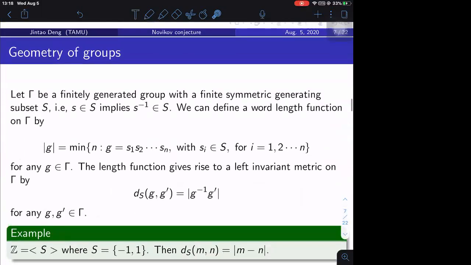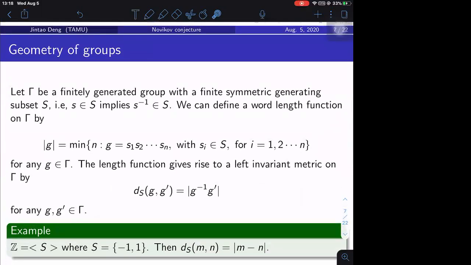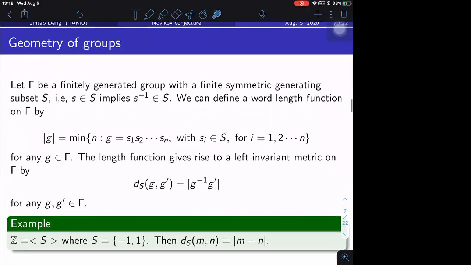Now let's talk about the geometry of groups. If you have a finitely generated group and you fix a finite symmetric generating subset, we can define a word length function on the group. It is defined by the shortest length of a decomposition of your element into elements of the generating subset. And then we can define a left invariant metric: the distance of two elements g and g prime is the length of g inverse times g prime.